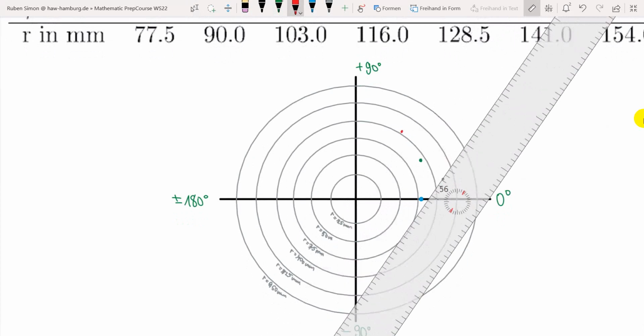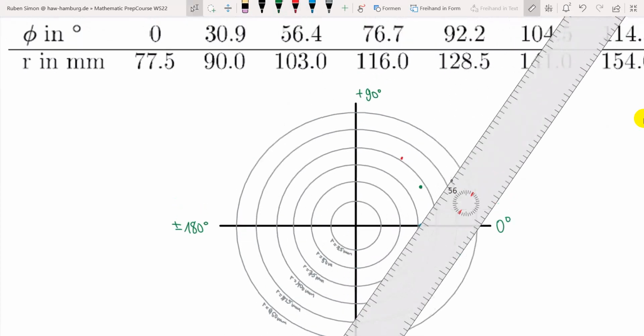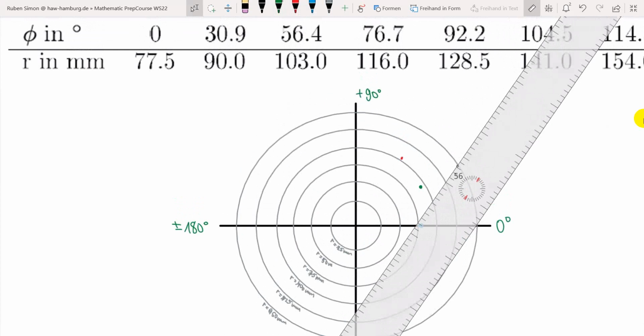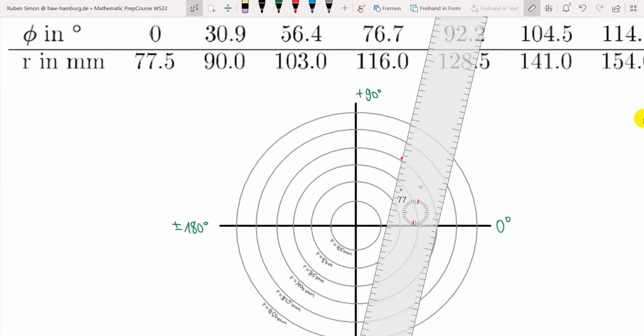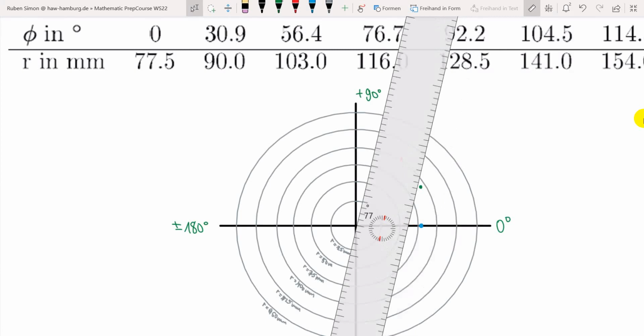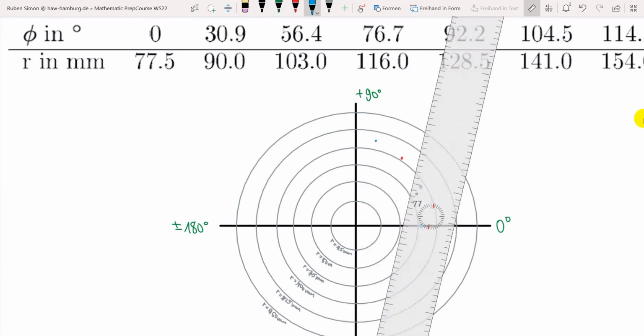Then 76.6 degrees as the angle, and 116 millimeters as the radius. 116 millimeters will be quite near the middle between 100 and 125. So let's say here.